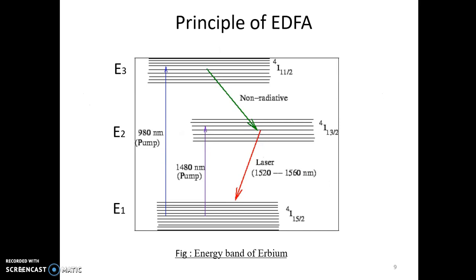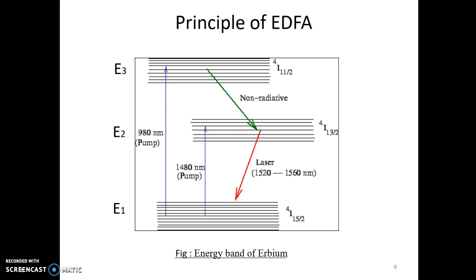So let's talk about the principle of the EDFA. The energy levels of the erbium doped system are shown in the figure. It may be noted that the energy levels form three groups of energy levels marked with their spectroscopic notations.